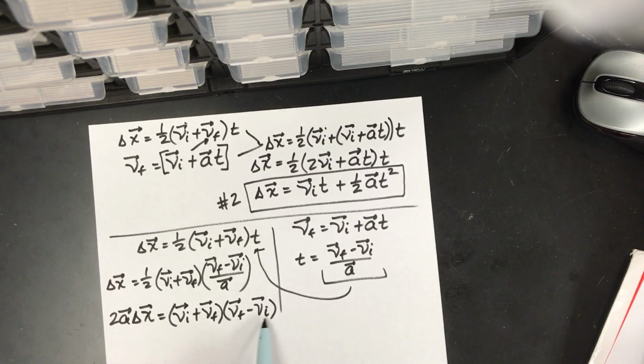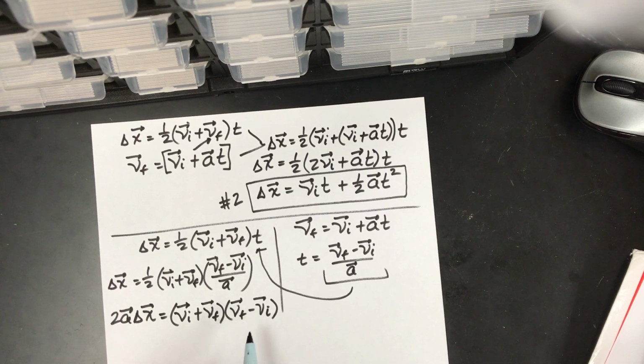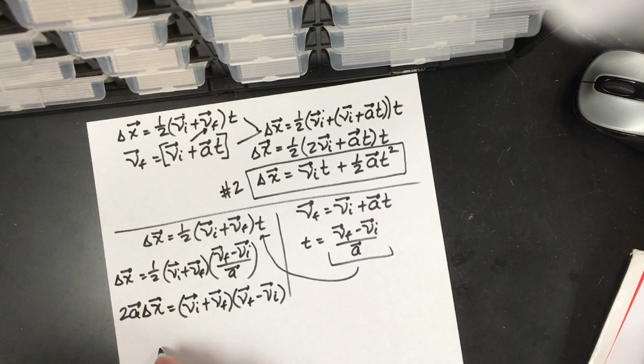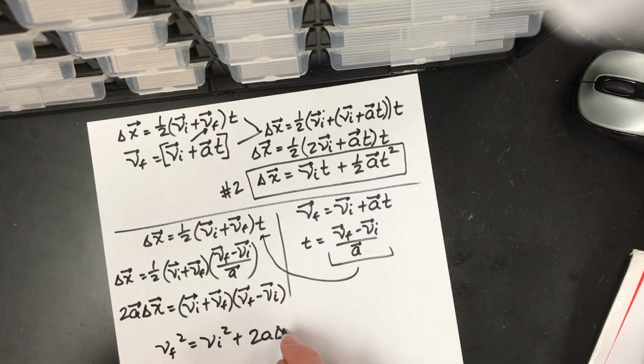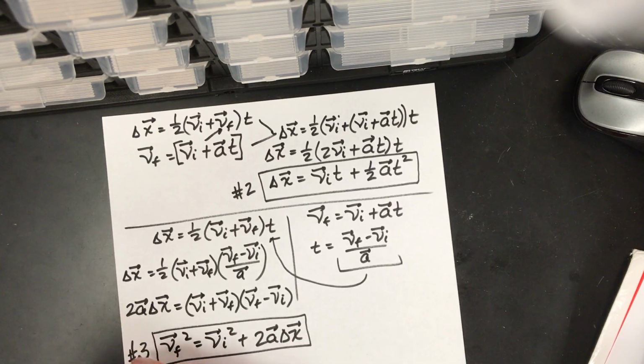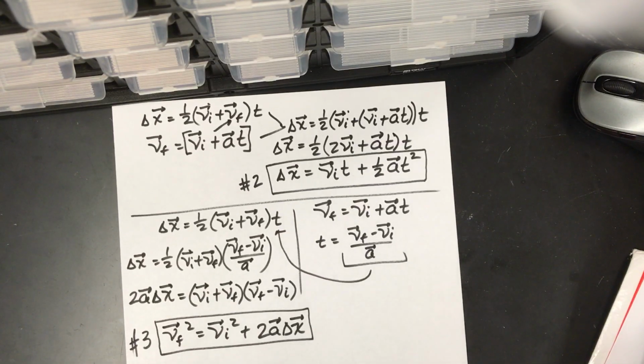And now we have this on the right, which we can FOIL, right? Once you do that, you end up with Vf squared equals Vi squared plus 2a delta x. And that is the third kinematic equation that is found on the AP equation sheet.